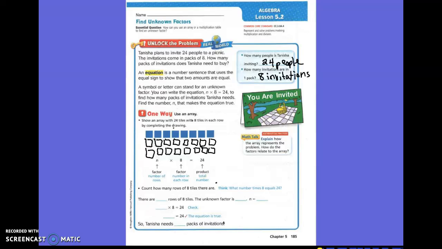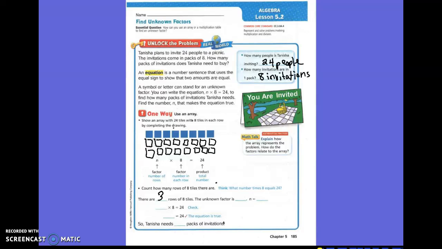Now, when we do a multiplication sentence, we have an array. Our first number is always the amount of rows, right? So now we know how many rows because we have drawn all of them. Count how many rows of tiles there are. Think about what number times 8 equals 24. There are how many rows, guys? 3. 3 rows of 8 tiles.